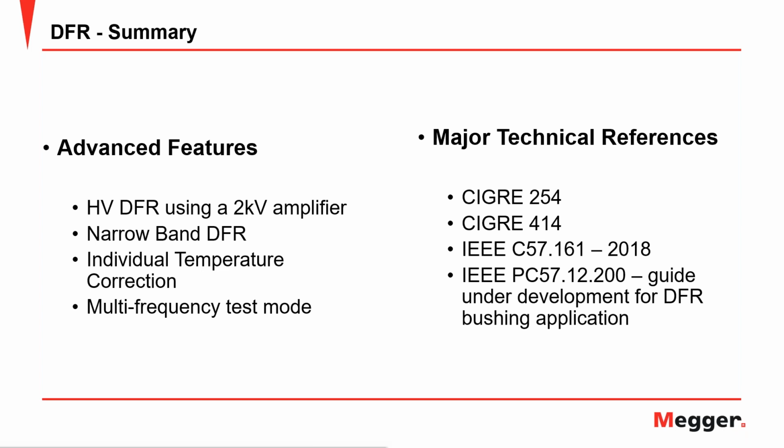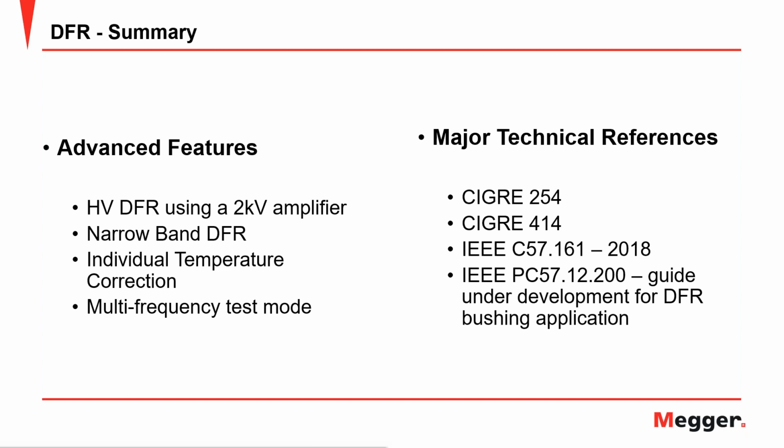And you can do the narrowband DFR, you can do individual temperature correction, and you can apply multi-frequency test mode. I need to add to this list that you can use not only multi-frequency test mode to speed up the test, but also you can use 2 electrometers at the same time, which will shorten the time, because you're testing 2 capacitances at the same time.